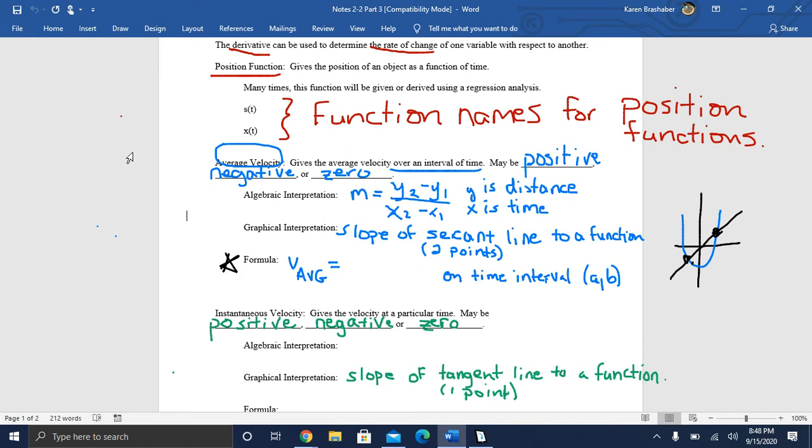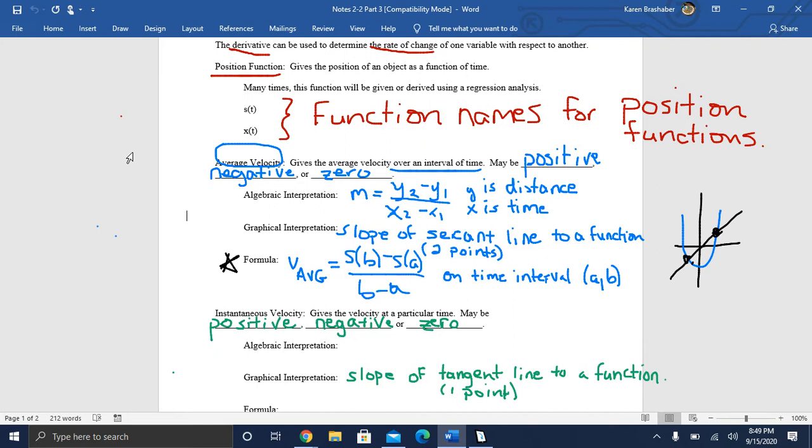On a time interval from a to b, you could calculate the average velocity by doing s of b minus s of a over b minus a. But I don't want you to be intimidated by that. Your a and b are simply x values. They're a point in time.